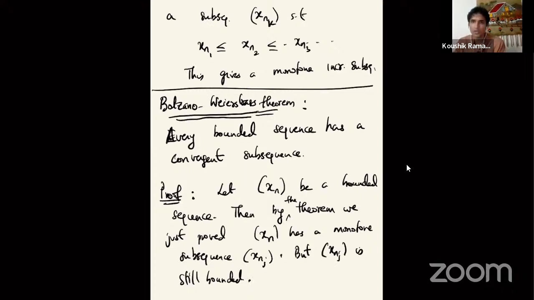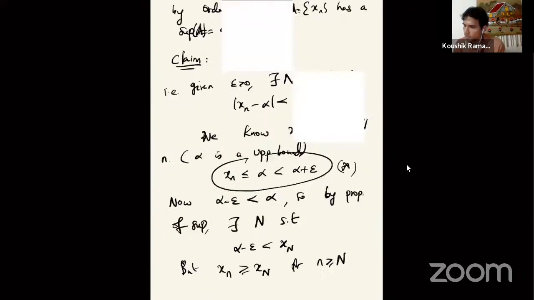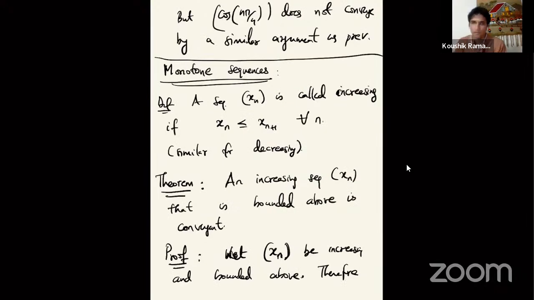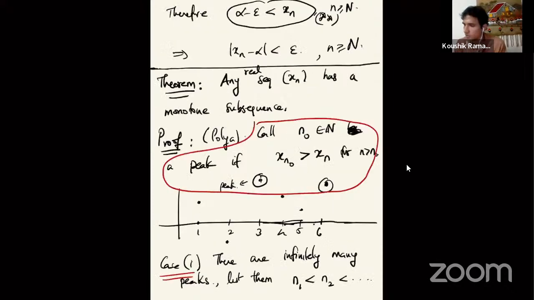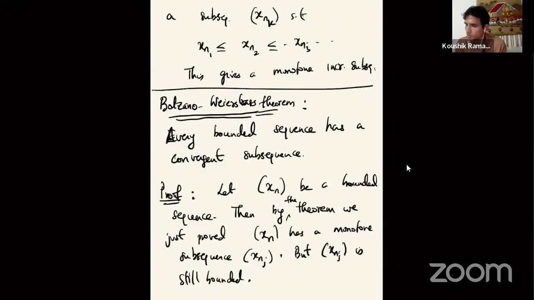But now this is a monotone sequence. The first of the theorems that we proved is that if the sequence is increasing and bounded above, it is convergent. Similarly, if a sequence is decreasing and bounded below, it is convergent. But if the sequence is bounded, it is both bounded above and bounded below. So either way, you're covered. Xnj may be decreasing or Xnj may be increasing, but either way, it is bounded above and below.